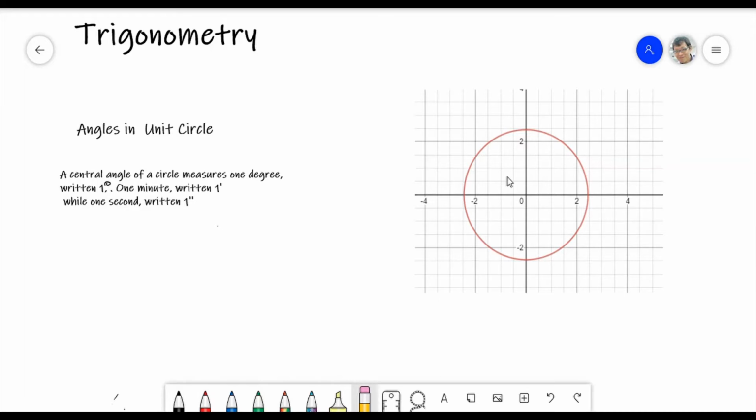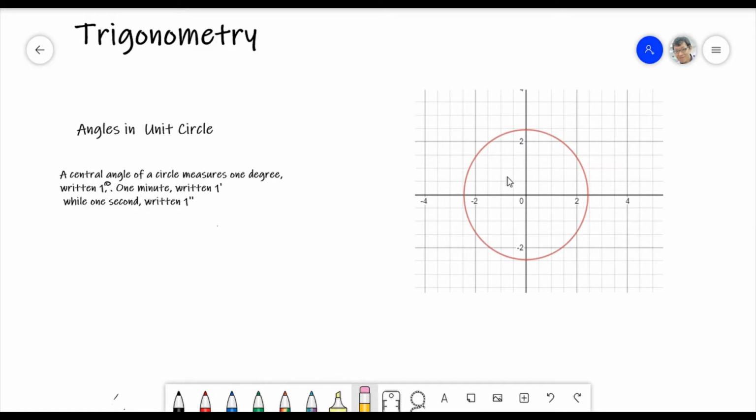Now we have another small unit, we call minute. 1 minute is 1/60 of a degree, 1 degree. And there's another, even smaller unit we call second. So you think about the second, minute, and hour, right?